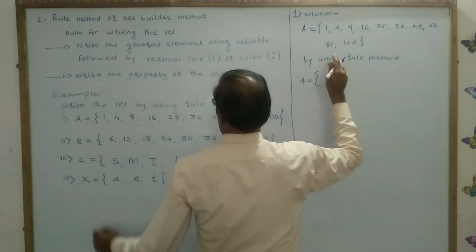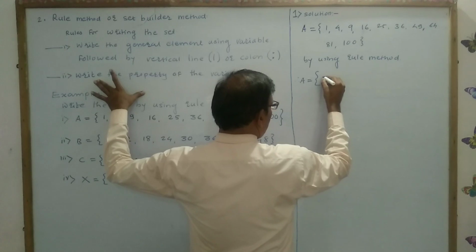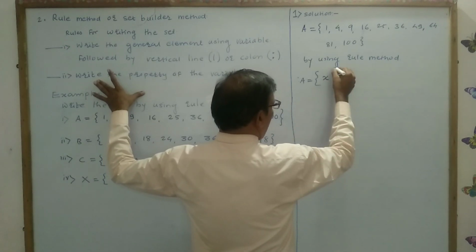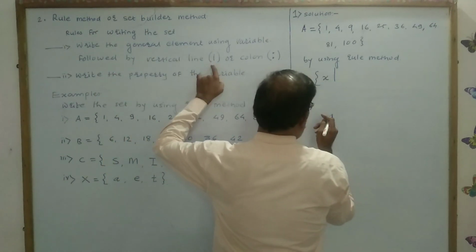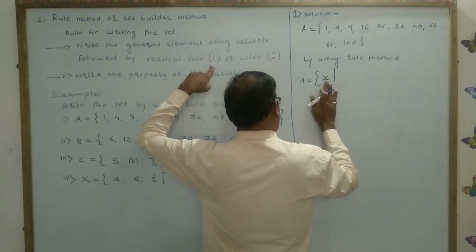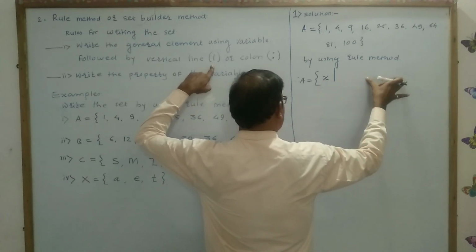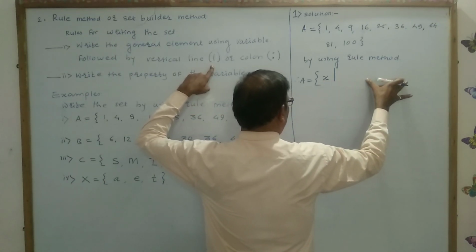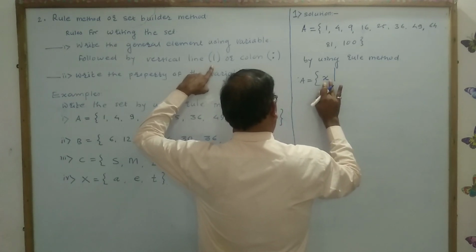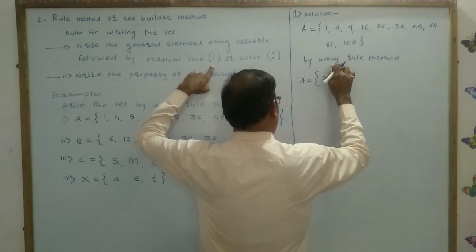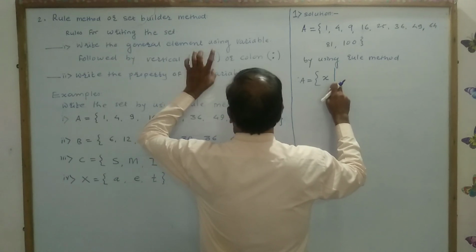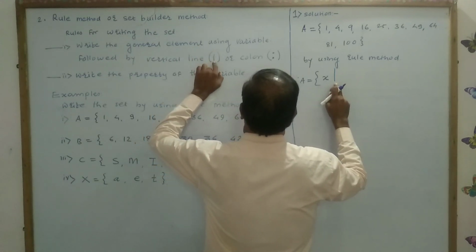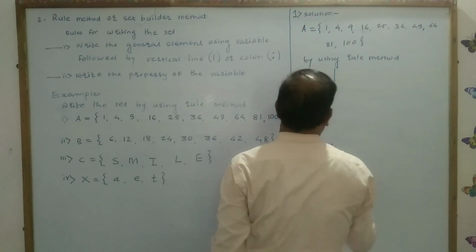So take any variable, suppose variable X, write a vertical line. This vertical line means we can separate this variable from the others, and then comes the property of the variable. X is the variable separated here by a vertical line. In place of the vertical line, you can use a colon also.